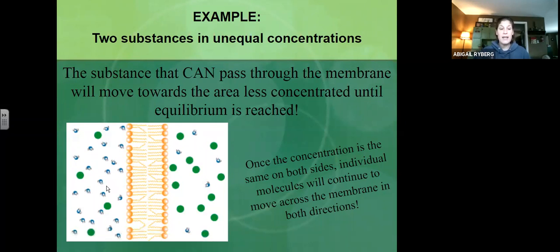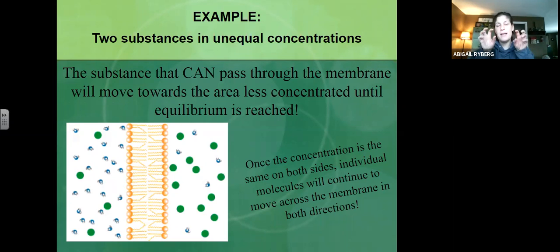Again, eventually, it'll get to the point, you guys, listen up. It'll get to the point where there's the same number of green circles on both sides of the membrane. And that's what we call equilibrium. But in reality, it doesn't just stop. The molecules don't just stop on that side.